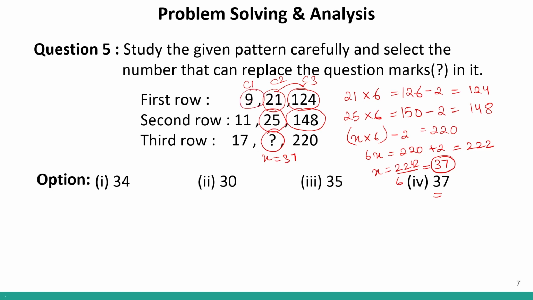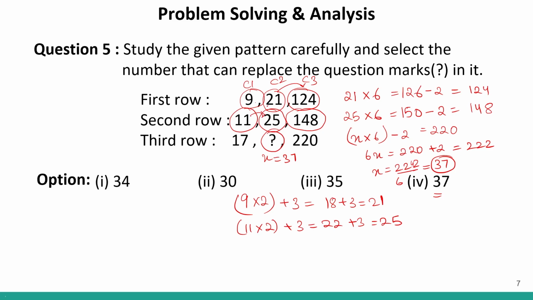Now if you look at 9, 9 into 2 plus 3 gives me 18 plus 3, that is 21. Correct? Similarly, 11 into 2 is 22, plus 3 will give me 25.